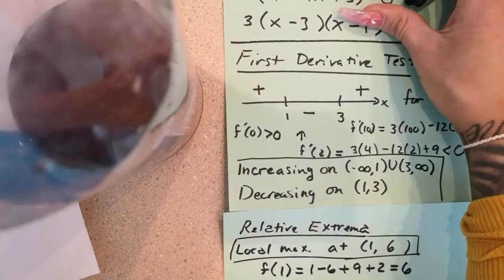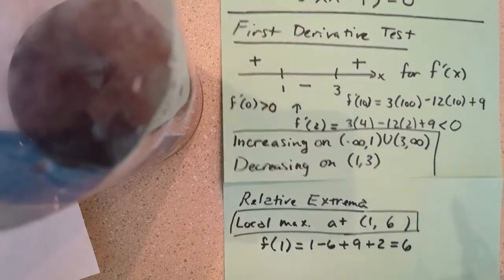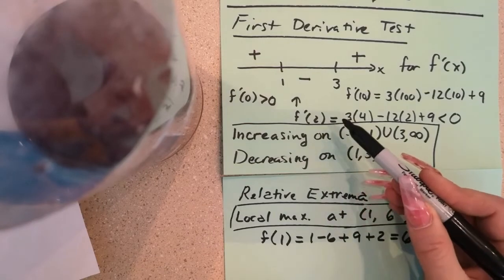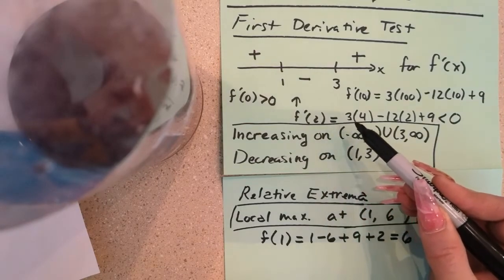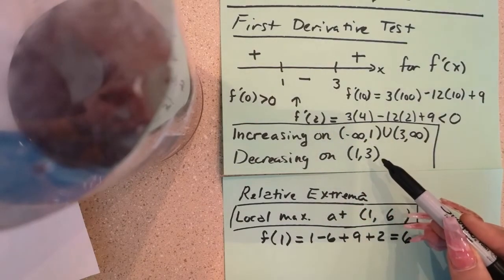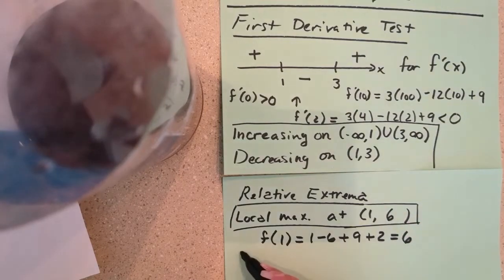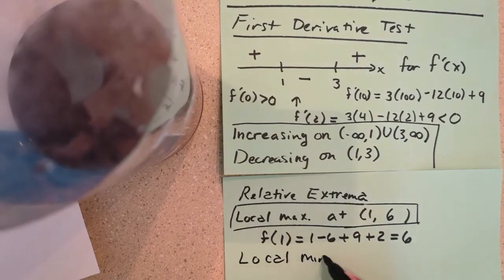Let's see, what was my other value? Increasing until I get to 1, decreasing until I get to 3, and then increasing. So then I would have a local min at 3.